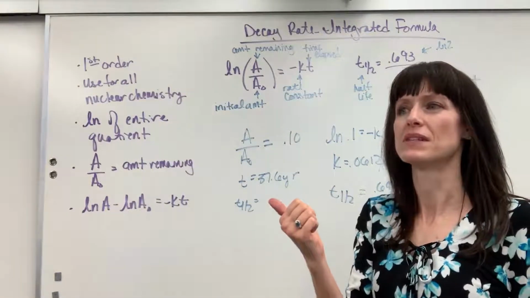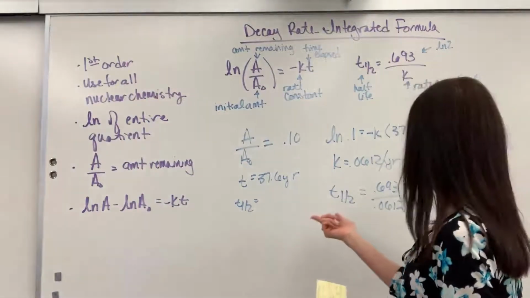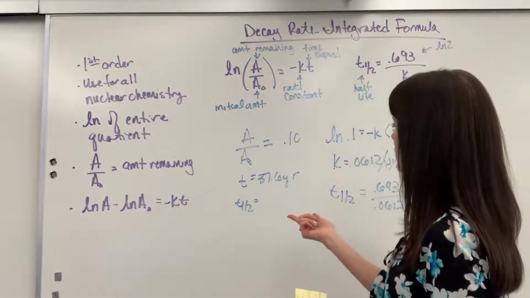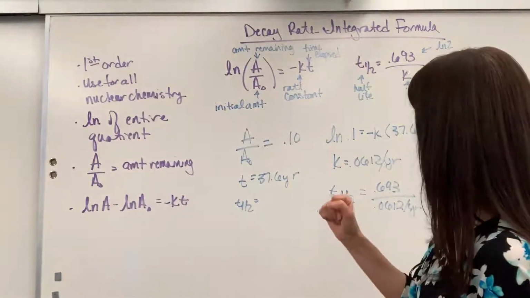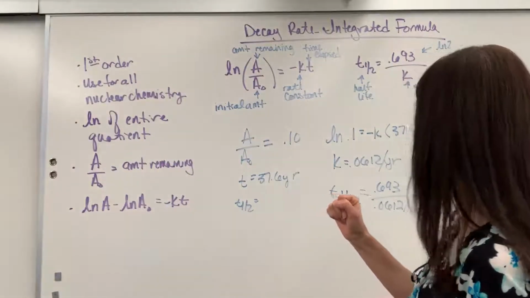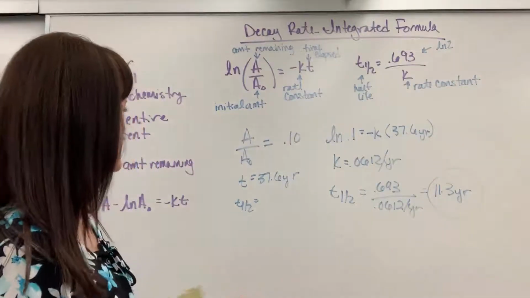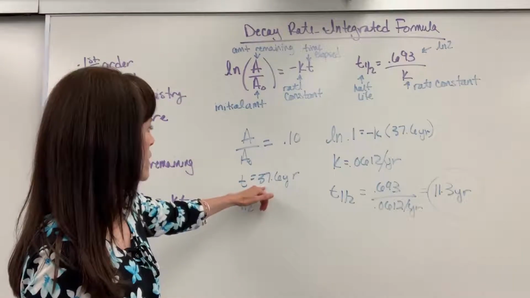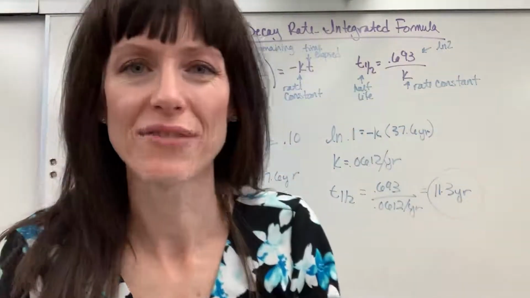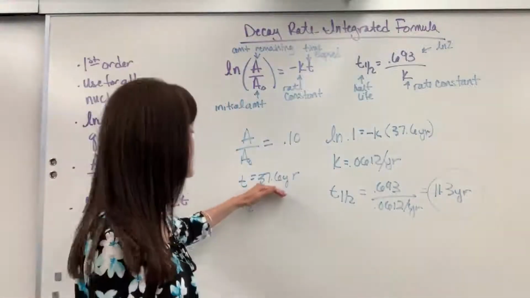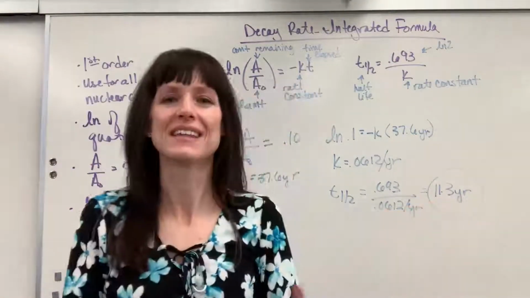Divide that in half puts us at about 8 years. Sorry, I was dividing the years in half. I'm so sorry. I'm dividing, one half-life is 11 years.